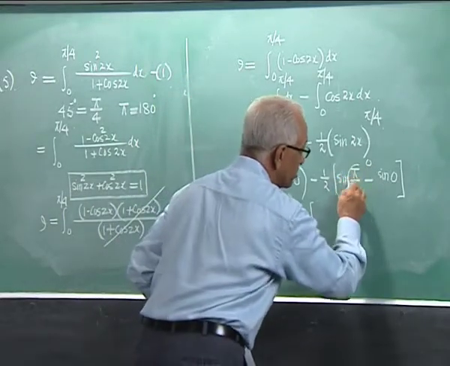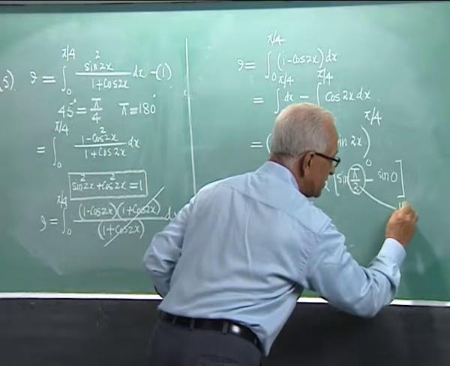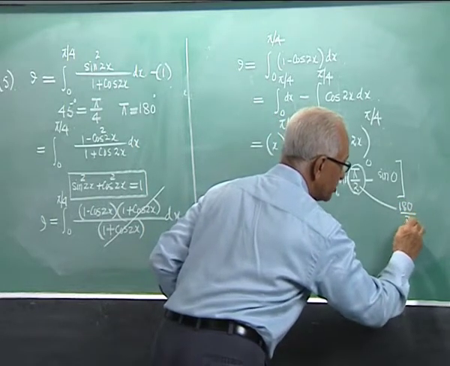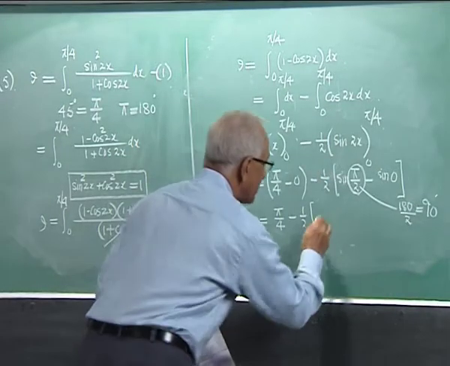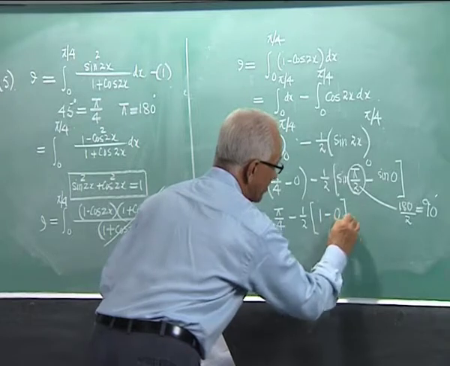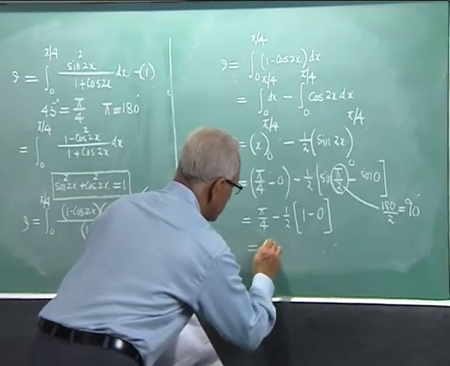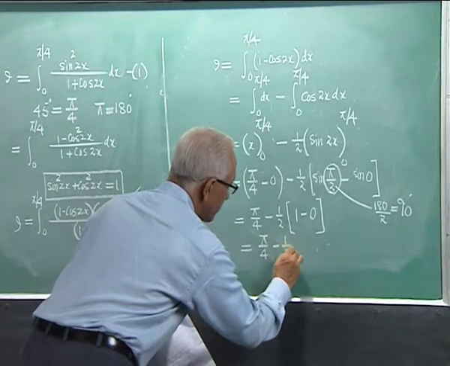This pi by 2 is 180 degrees upon 2, so this is obviously 90 degrees. Sine 90 is 1, sine 0 is 0 according to the table. So this will be pi by 4 minus 1 by 2.